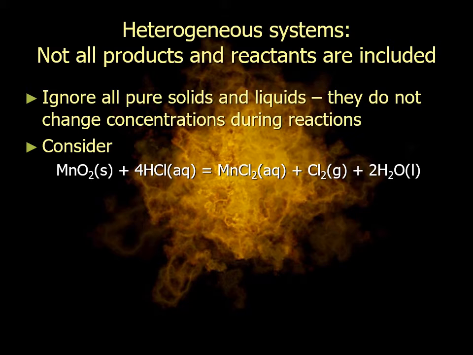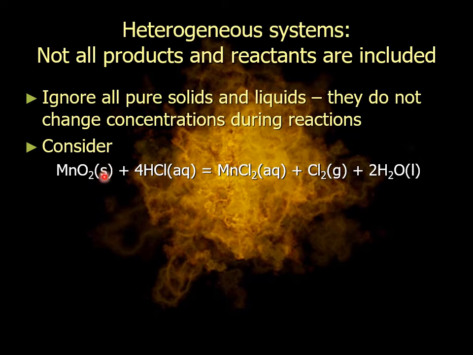How do you know? So the basic rule of the game is ignore all the pure solids and liquids. So when you're writing the equations, it's also important to represent the states. So remember there are 4, and this equilibrium is chosen to include all of them.